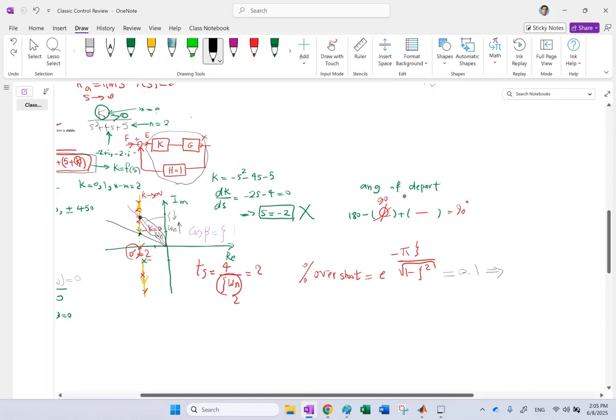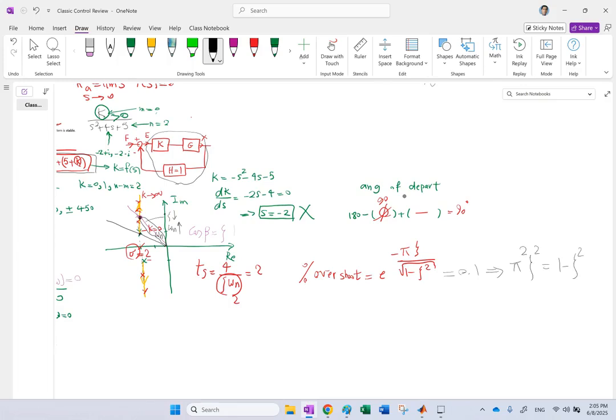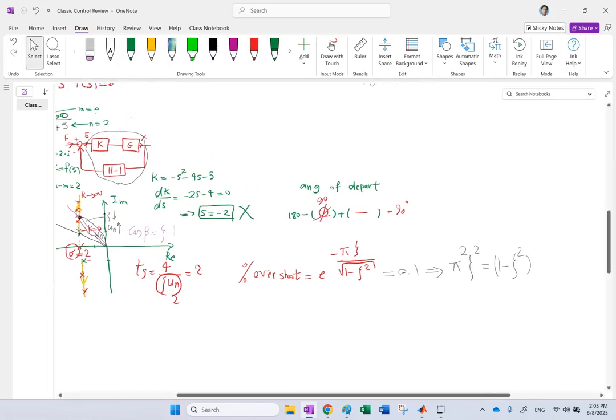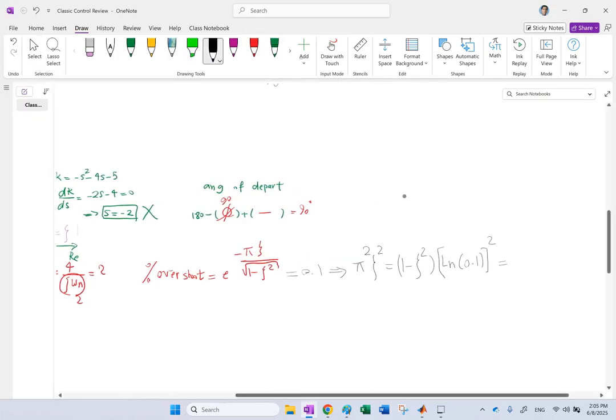I take a natural log and then square both sides and cross multiply. If you do so, you get pi squared zeta squared equals 1 minus zeta squared times natural log of 0.1, the whole thing squared. And from here, I bet you can find the corresponding zeta.